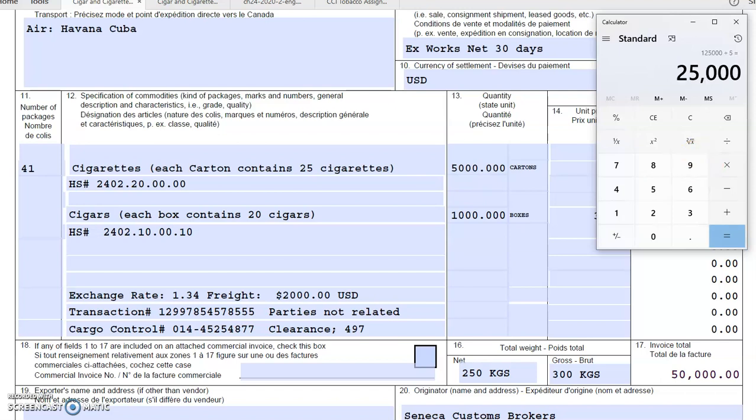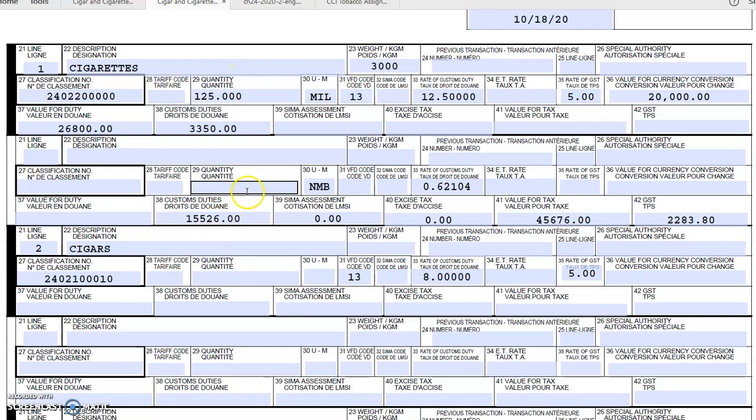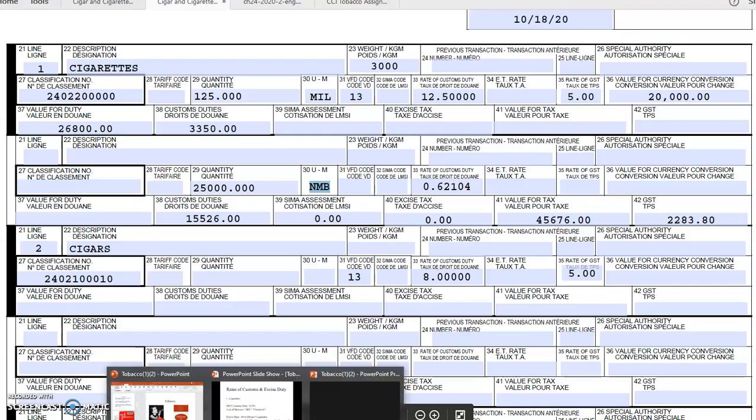And we've got 25,000 groups of 5 cigarettes. So in the quantity we put 25,000. It's not 25,000 cigarettes, it's 25,000 groups of 5 cigarettes, because the excise duty is on every group of 5 cigarettes.